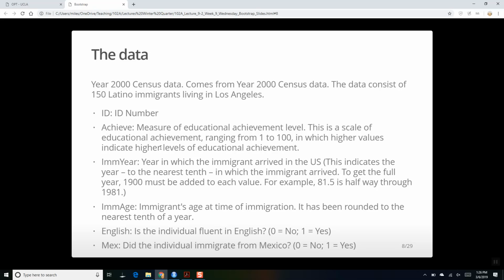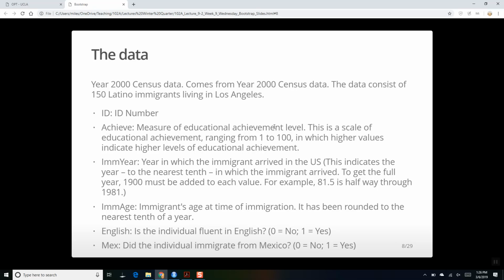And really, we are just interested in the relationship between two variables. One of them is achievement, which is educational achievement level. And unfortunately, we don't actually have any idea what these numbers mean. All we know is that 1 is low, 100 is high, but as far as the book goes, it doesn't tell us what the number 50 represents.